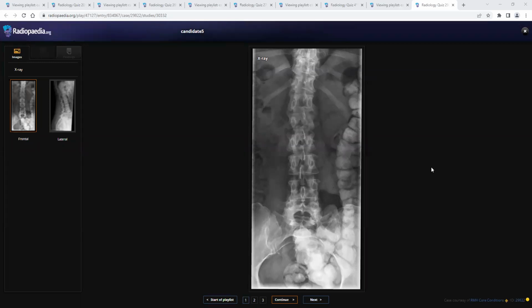The posterior spinous processes appear in line, apart from 4, 3, 2. The L1, at the level of the L2 vertebra, I can see that there are bony processes which are next to the pedicles medially.